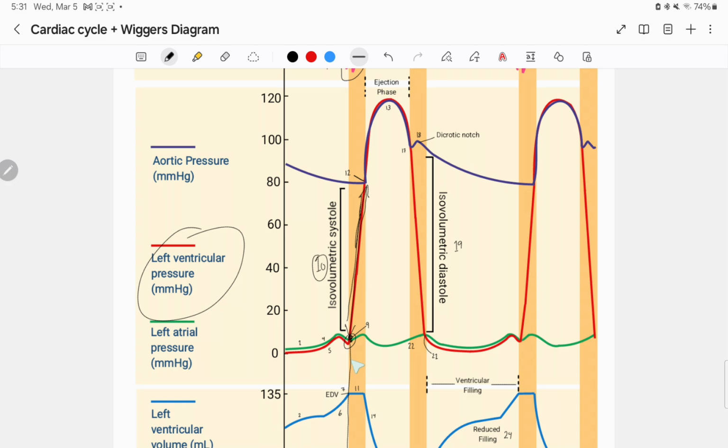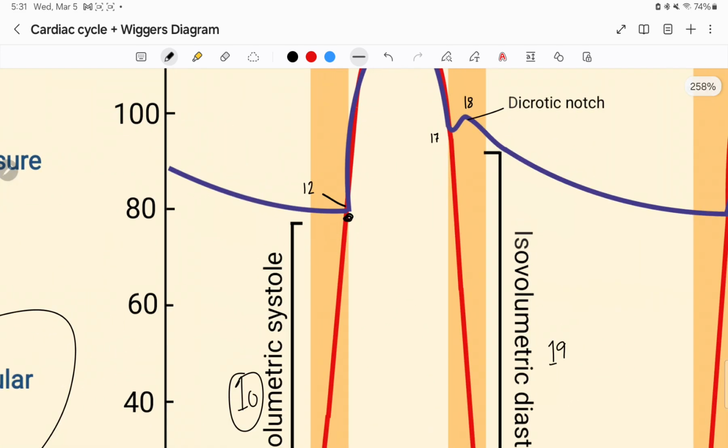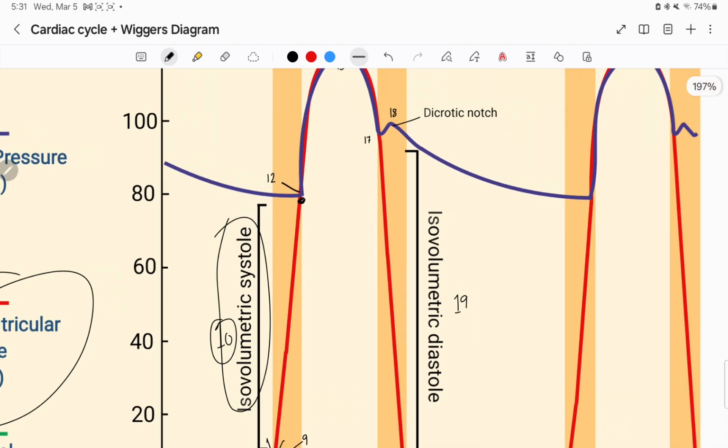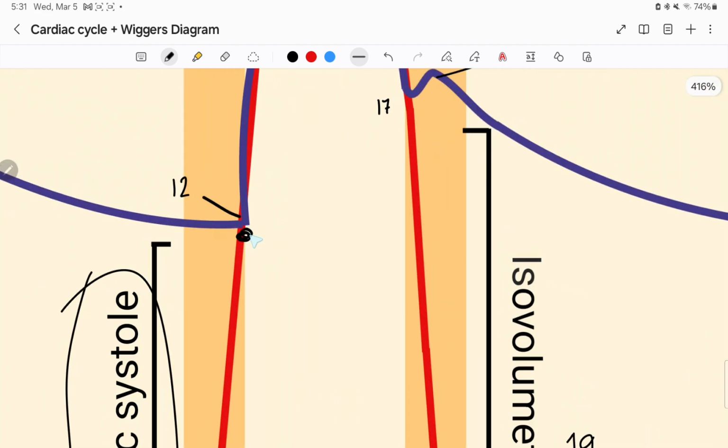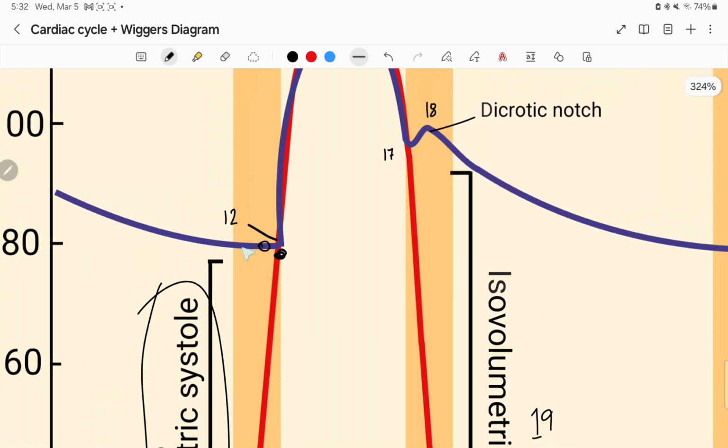And you can see this right here, that the left ventricular pressure rises from maybe a little above zero, just a little above zero, and it approaches approximately 80 millimeters of mercury, guys. Okay, so it goes all the way from 0 to 80 millimeters of mercury. But if you're taking a very close look, by the end of this isovolumetric systole phase, it is still less than this purple line.